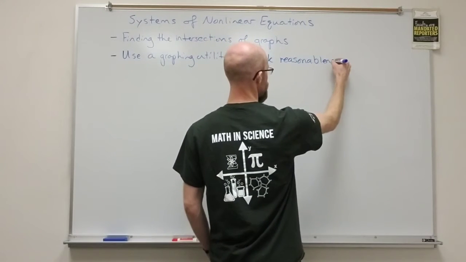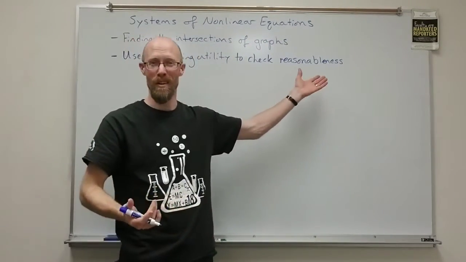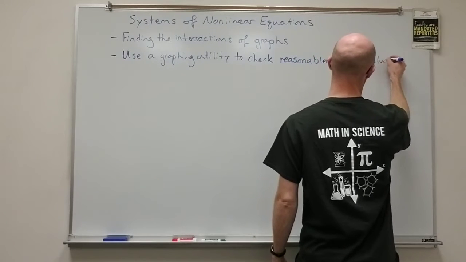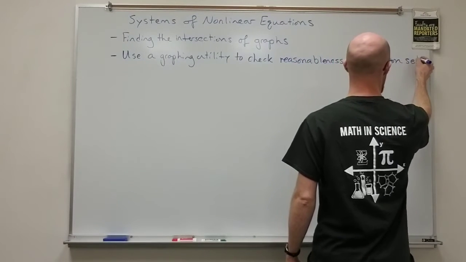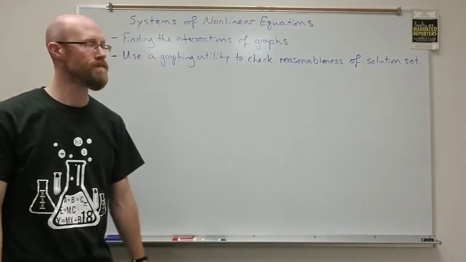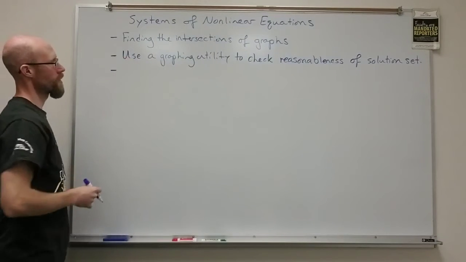I'm not even sure I spelled reasonableness right. Is it even a word? I don't know. And our solution set will be x, y ordered pairs again. So that's the second thing.